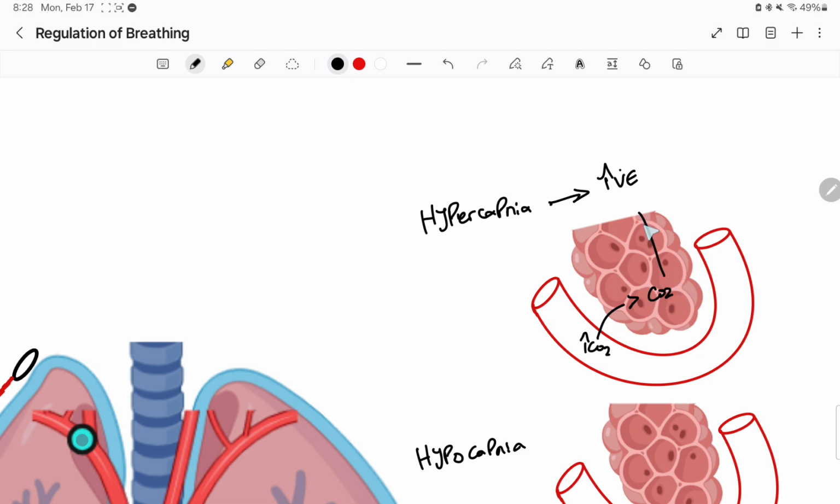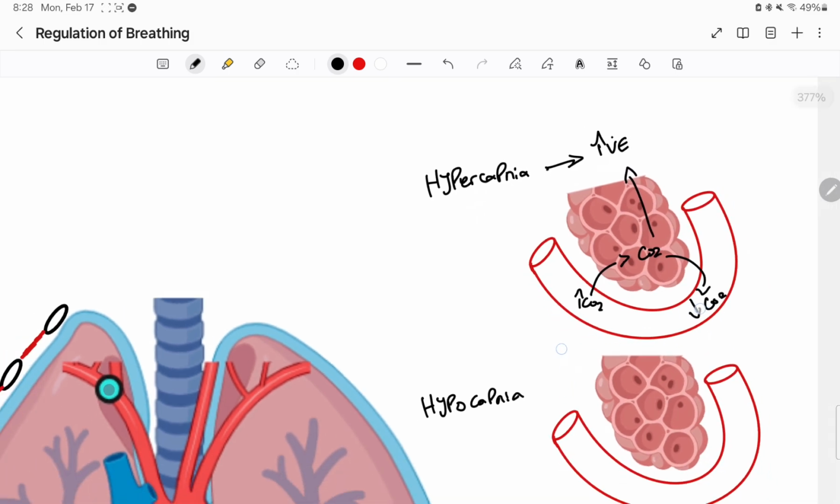And I don't want that. So what I do is I expire a lot of it out. Or my body is going to force me to expire a lot of it out so I can eventually lower the amount of CO2 in the blood. Okay? That's the main goal here. The blood CO2 is tightly regulated, and I want it to go back to normal levels. So I increase my ventilation, so I breathe out a whole bunch of CO2.